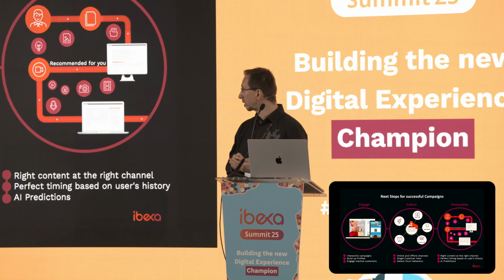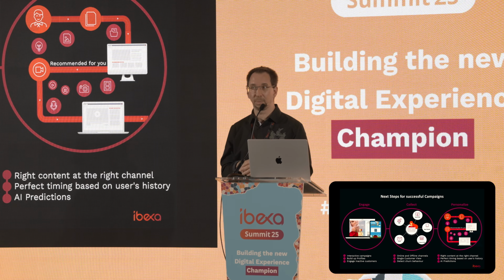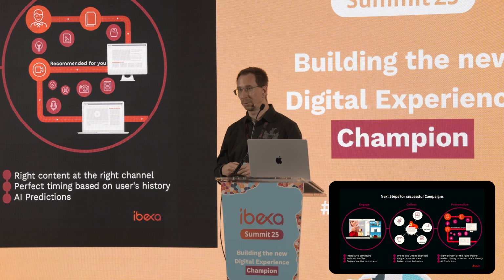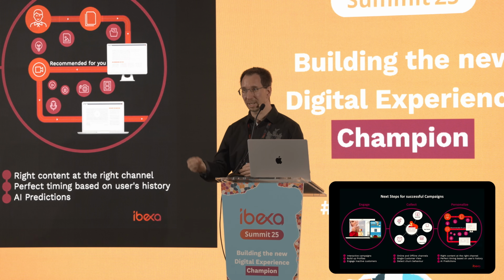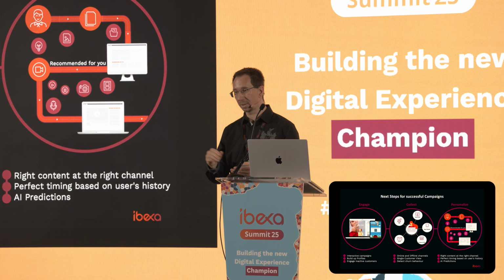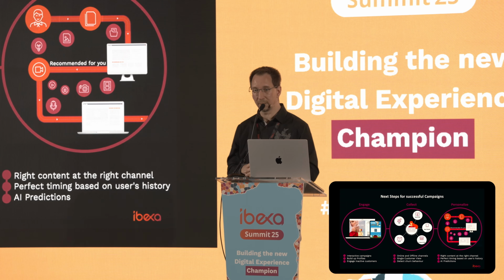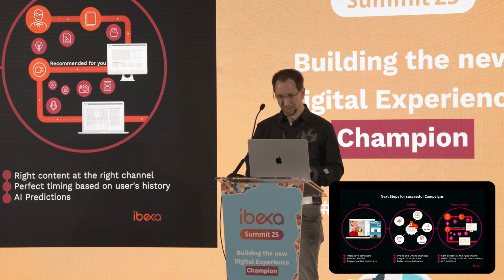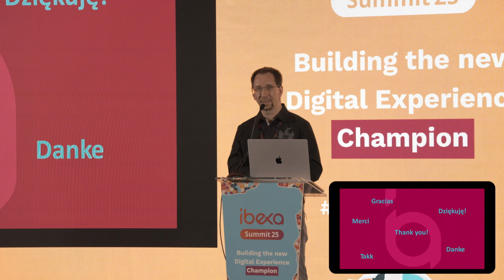And which is also interesting is this AI prediction, which the CDP also can do. So we can predict the behavior, which content could be relevant for you, which product could be relevant for you, so that once we have created the profiles, we can personalize in a very nice way using all these included features.